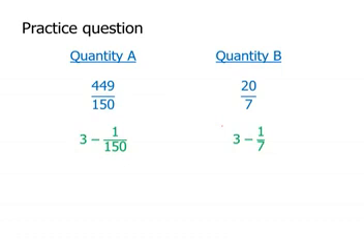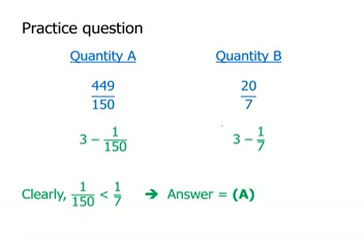So it's very easy to see. Well, of course, look at what we're subtracting. Clearly, 1 over 150 is much less than 1 over 7. And so if we start from the same place and subtract something bigger, we go down more. Subtract something smaller, we go down less. And so the bigger one here has to be the one where we're subtracting the smaller quantity, which is answer choice A.